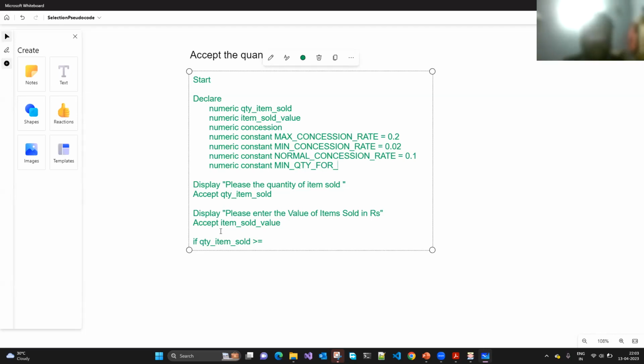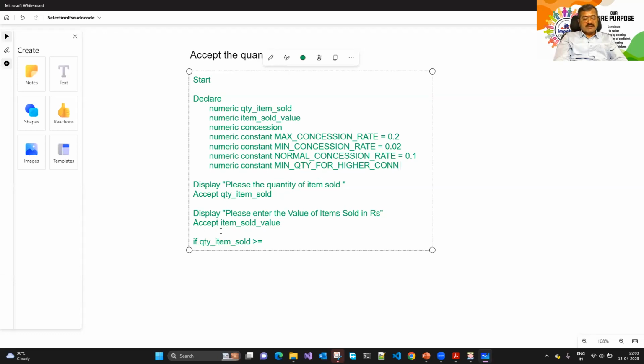It's item underscore items sold. It's like minimum quantity of items sold, that's okay, but minimum quantity for availing higher discount, for 20% discount. Concession. Okay, minimum quantity for higher concession.